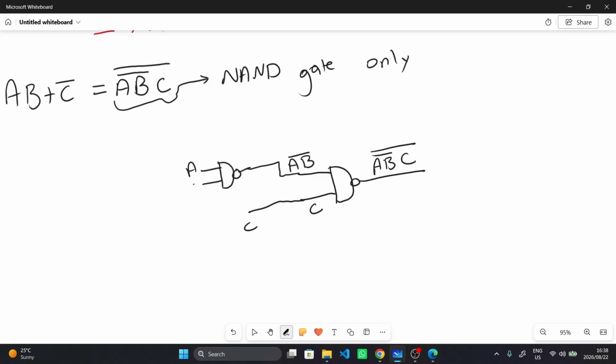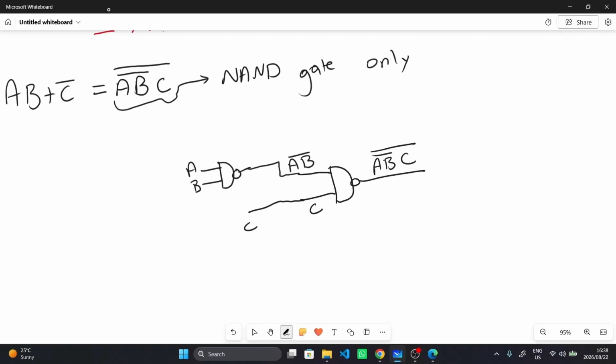So we have A and B. And as you can see, using NAND gate only, we also reduce the number of logic gates, because in the original one we needed 3 logic gates, but in this case we only need 2 logic gates, right?